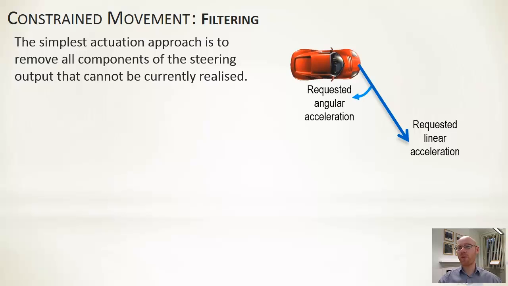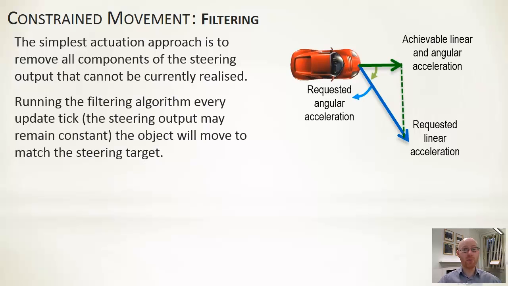So here we have an example of a car. We might be seeking somewhere down towards the bottom right of this slide. There we've got a requested linear acceleration, bringing us down, and a requested angular acceleration, turning us around. What filtering entails is that you simply say, okay, the car can only accelerate forward, and the car can only turn with a certain amount of rotational velocity.